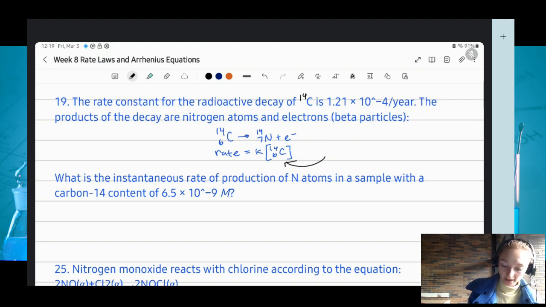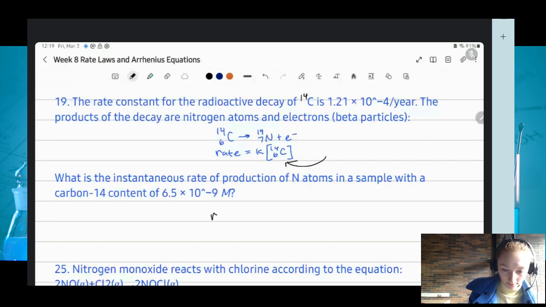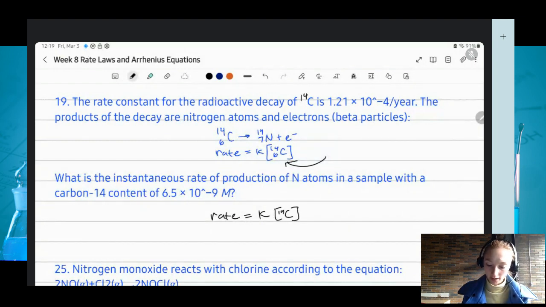Since it gave us the K constant as well as the concentration, and it is, I believe, first order because there's no coefficient with it. It's just carbon, it decays to nitrogen and then plus the particle at the end. So it is first order, so there's no exponent. So all we have to do is just plug and chug.